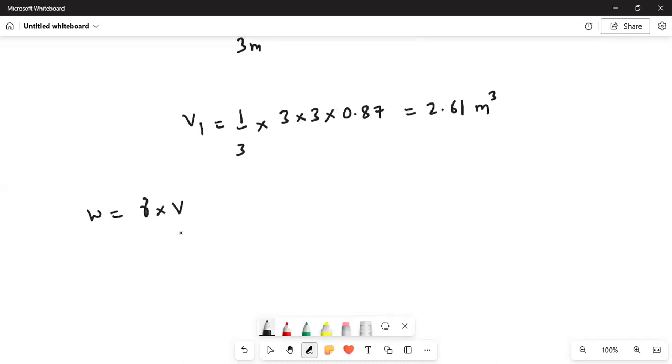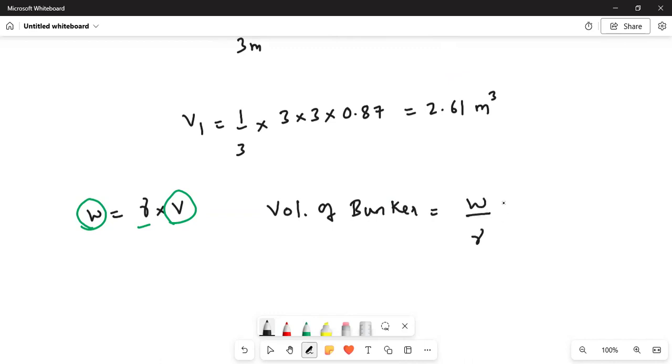So can we find the volume of the entire bunker? Because the weight of the material we need to store in the bunker is given to you, and density is also given. Volume of bunker equals weight divided by density.